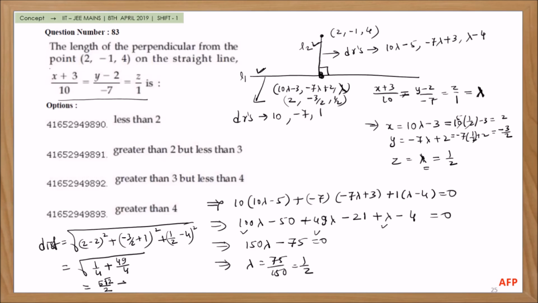So 5 root 2, where root 2 is 1.41, divided by 2, which is nothing but 7.05 divided by 2, which is nothing but 3.52 you got, which is greater than 3 and less than 4. So option 3 it follows.